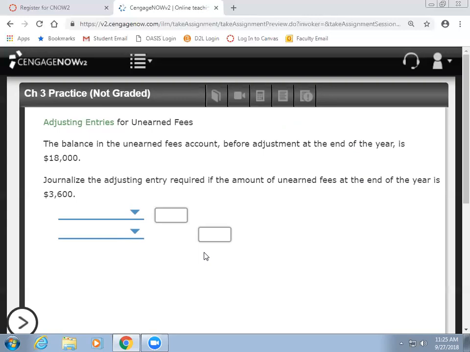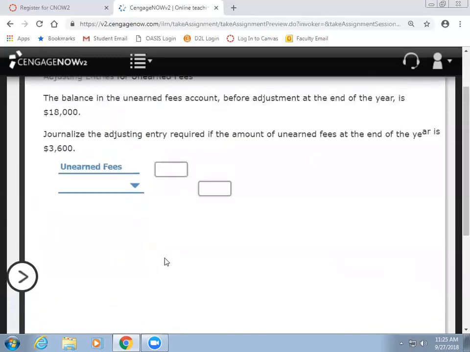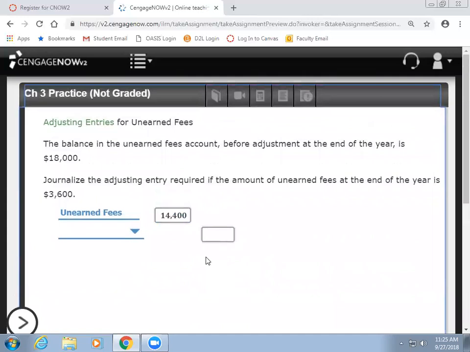So we already know our debit, right? We're going to debit unearned fees $14,400. And what account would I credit? Fees earned. Very good. So this is a deferred revenue, or an unearned fee.